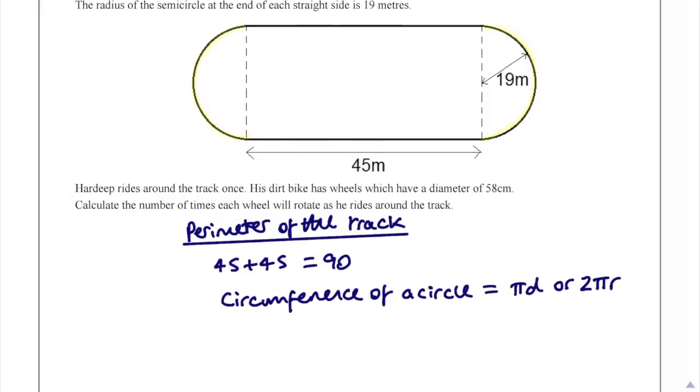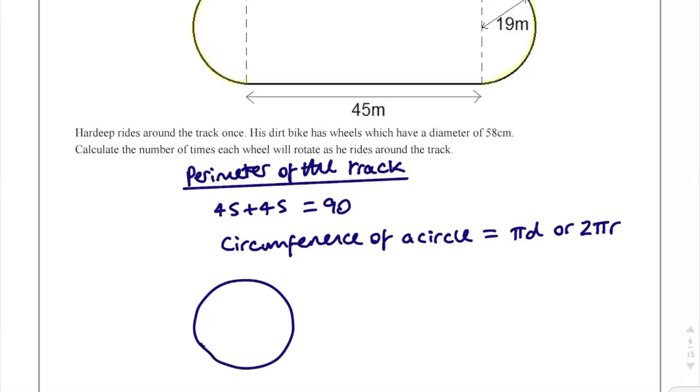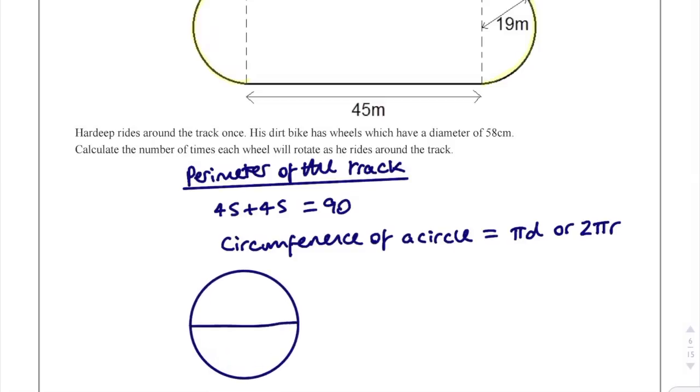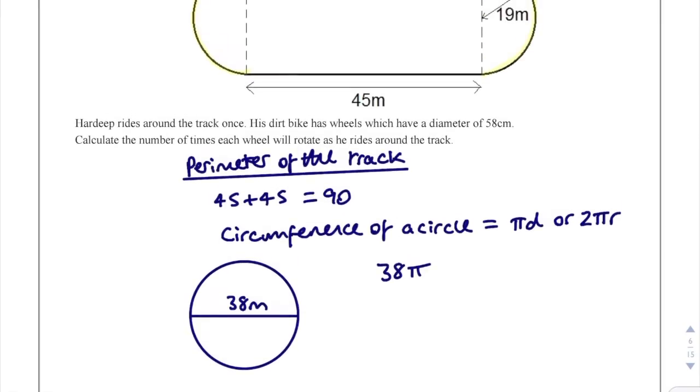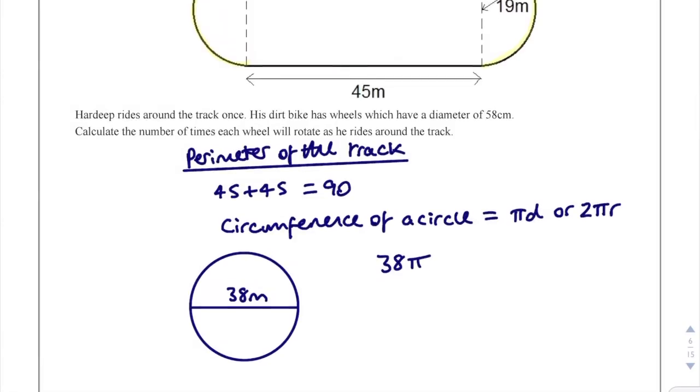So we're going to end up with one circle that has a diameter of 2 times 19, which is 38 meters. That means the circumference of this circle, which is the same as the circumference of those two semicircles, is going to be 38 pi. Now, the perimeter of the track would be the circumference of those two semicircles added to the straight sides of the track, which were 90 meters in total.